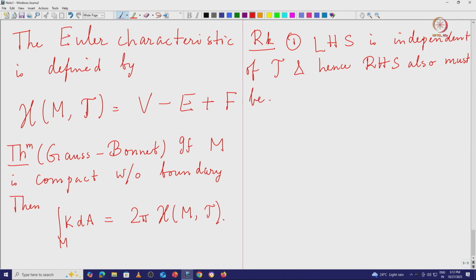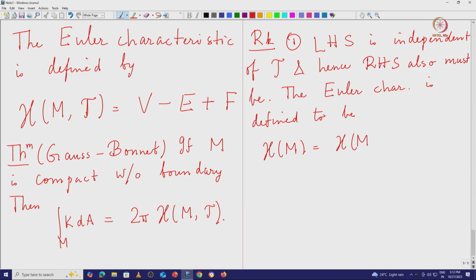So, this number is called the Euler characteristic of the manifold. So, this will then be independent of the triangulation that you have used. Okay.